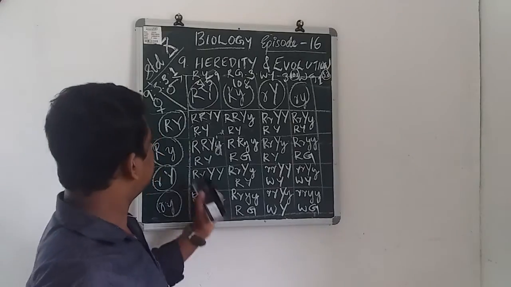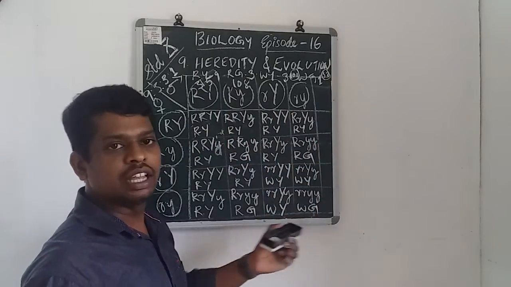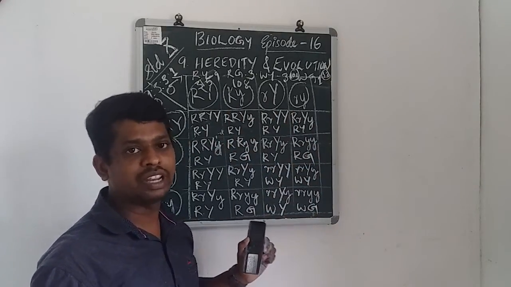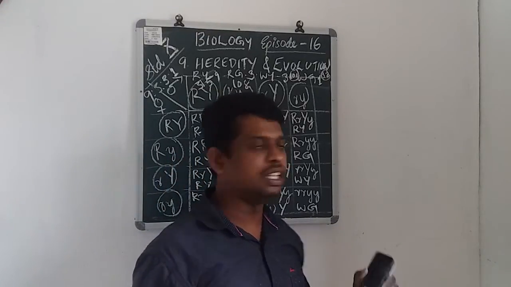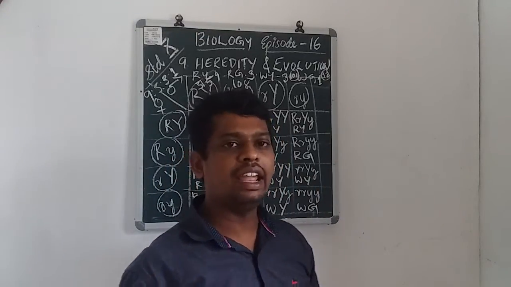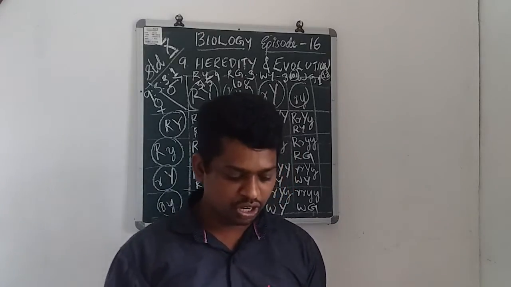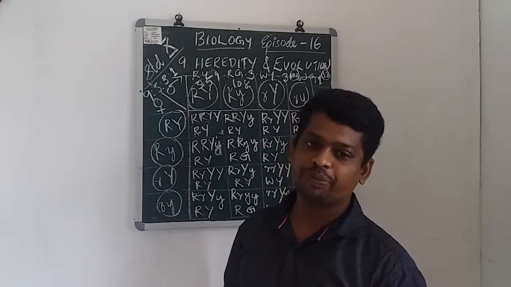Okay, these are the 9:3:3:1 ratio. That's the dihybrid ratio. This is known as the dihybrid ratio.